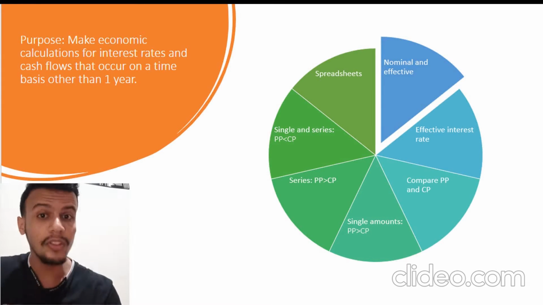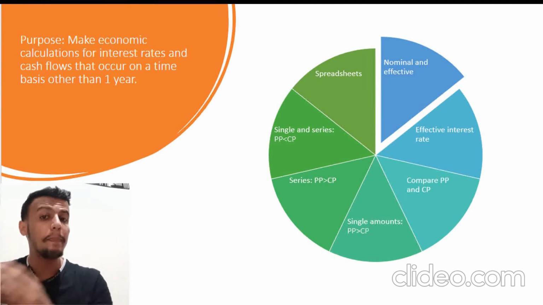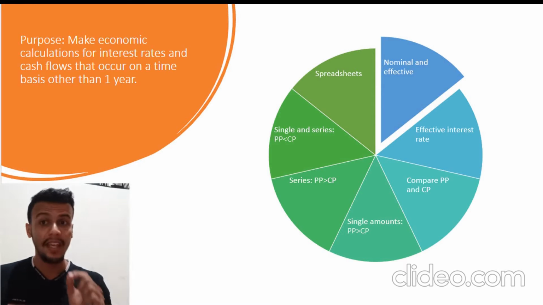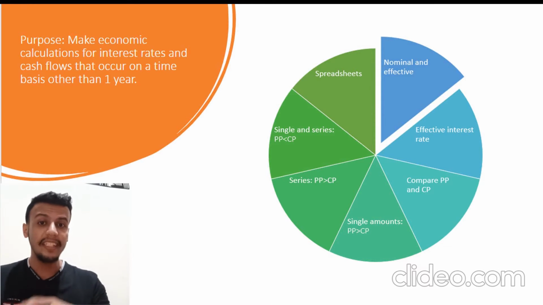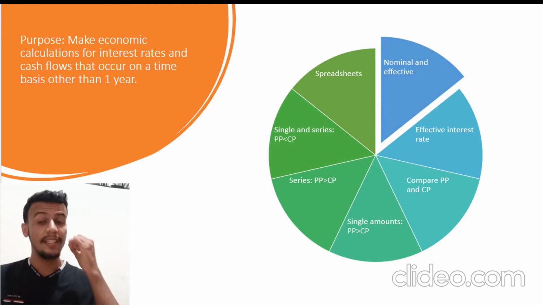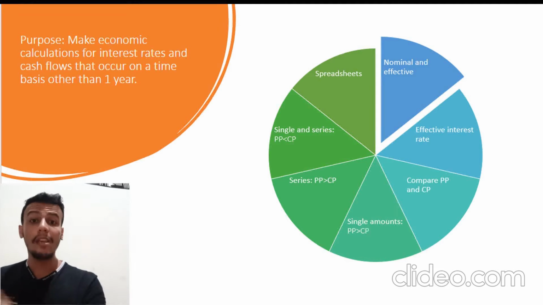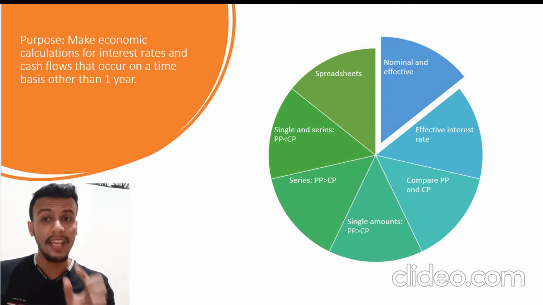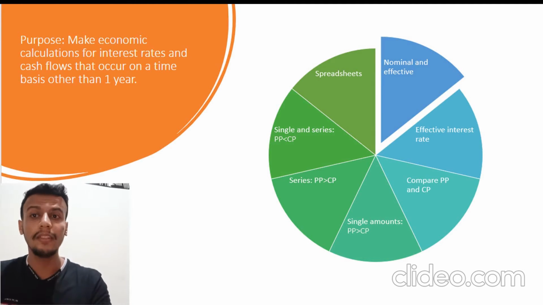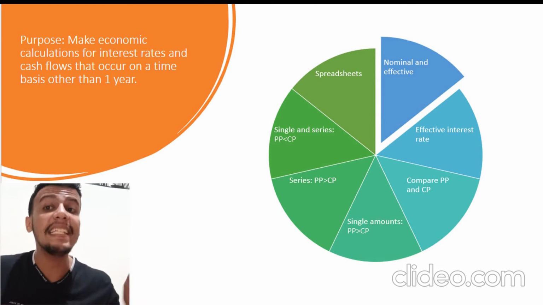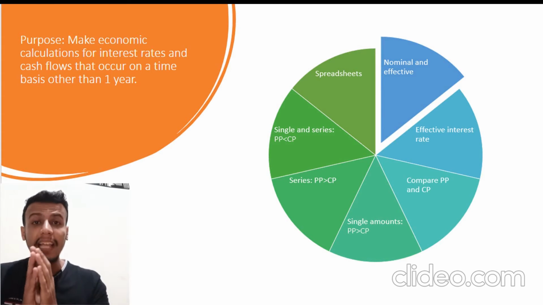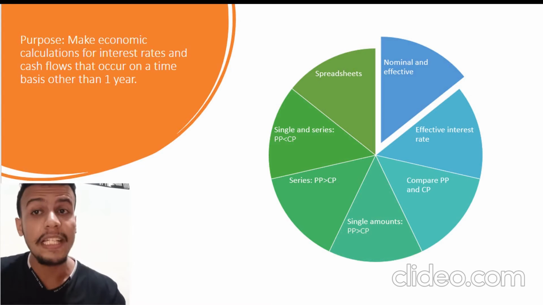Single amounts when PP is bigger than CP. Series, meaning cycles, when PP is bigger than CP. Single and series when PP is smaller than CP. And at the end we will talk about spreadsheets.